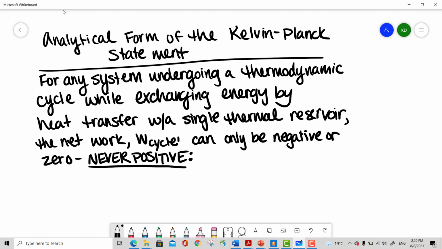This is kind of like the unabridged version of that statement. The original statement that we looked at said that it was not possible to get work out, and so this supports that. This is a comma. It looks a little off, just for you guys who are writing your notes down.